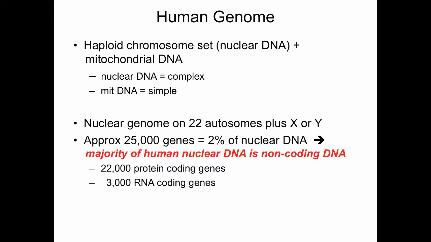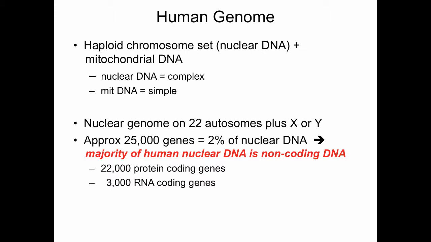If we think about the human genome, we have a haploid chromosome set, and our human genome consists of our nuclear DNA and our mitochondrial DNA. Our nuclear DNA is relatively complex, whereas our mitochondrial DNA is fairly simple. Our nuclear genome is on 22 autosomes plus the X or Y chromosome, and there are approximately 25,000 genes described in the human genome.